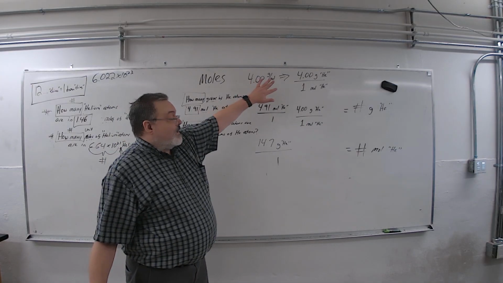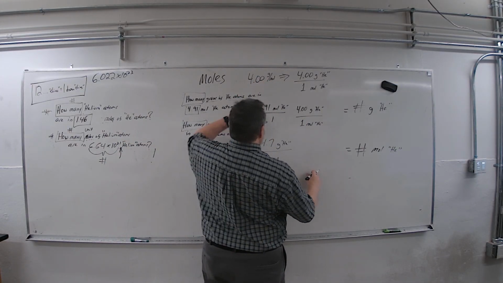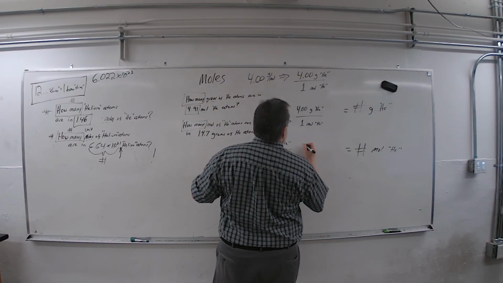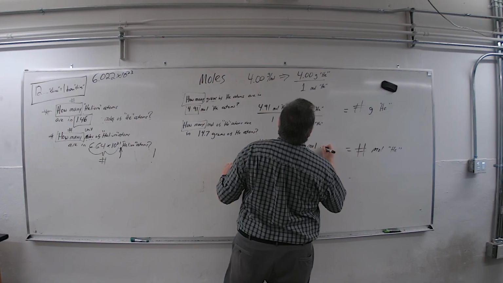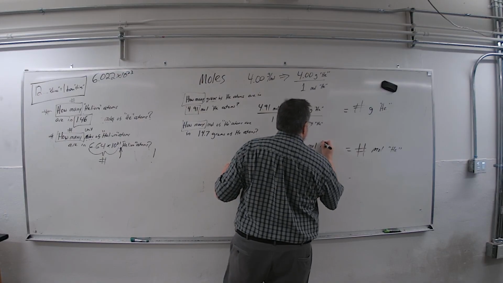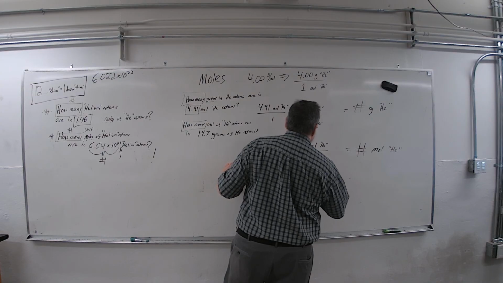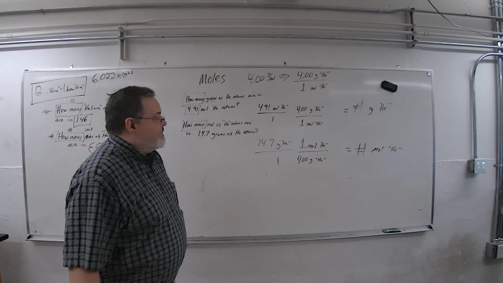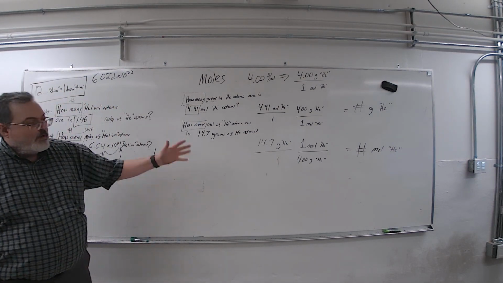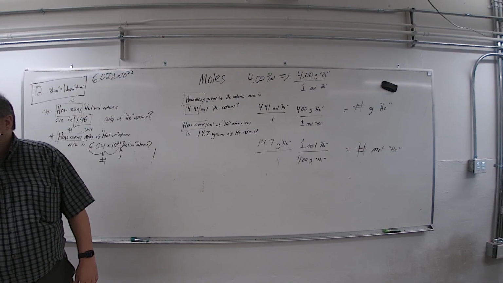Now I'm going to use this again. This time I want grams on the bottom and moles on top. So I'll flip it. 1 mole over grams. And now 14.7 divided by 4. Keep 3 significant figures. That's how it works.